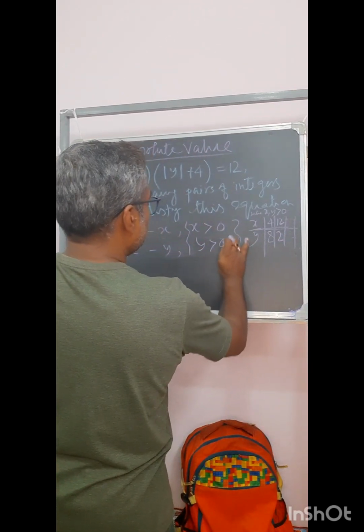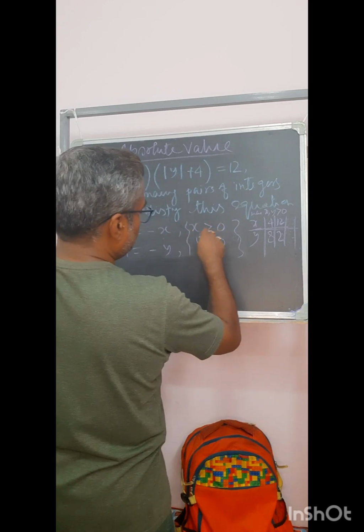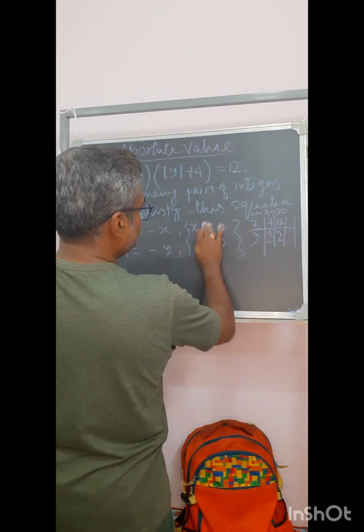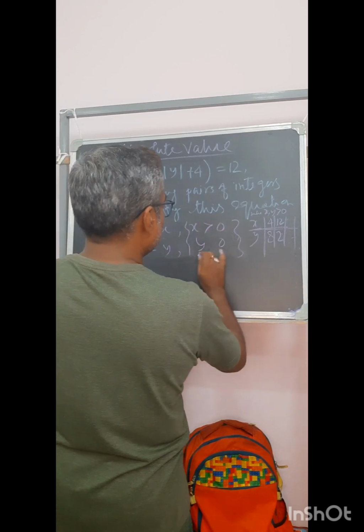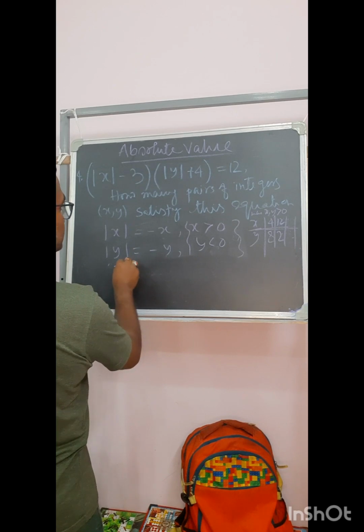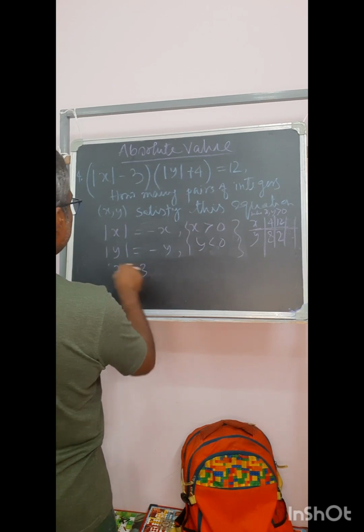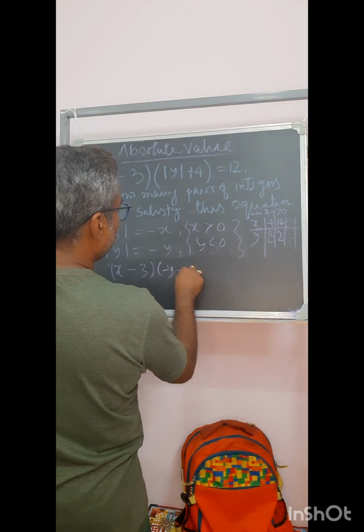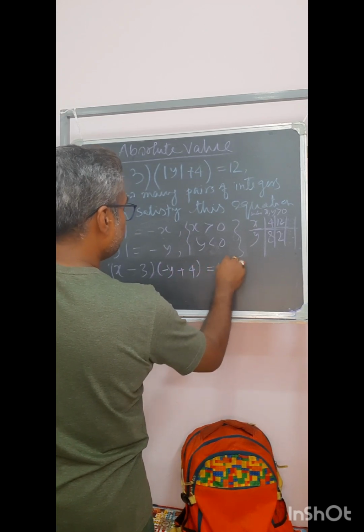The last condition is that both are negative, this negative and this positive, now this positive and this negative. So if I consider this as the last one, x minus 3 into y plus 4 is equal to 12.